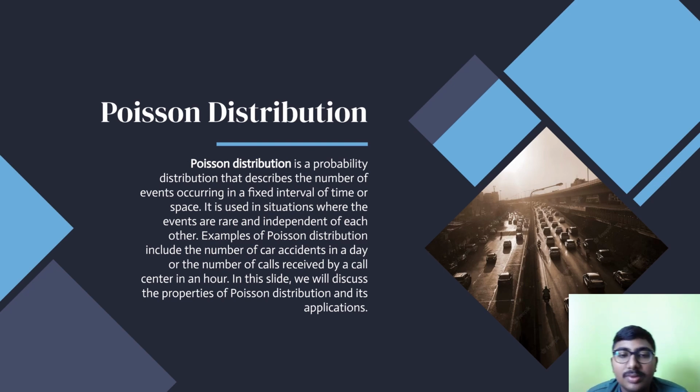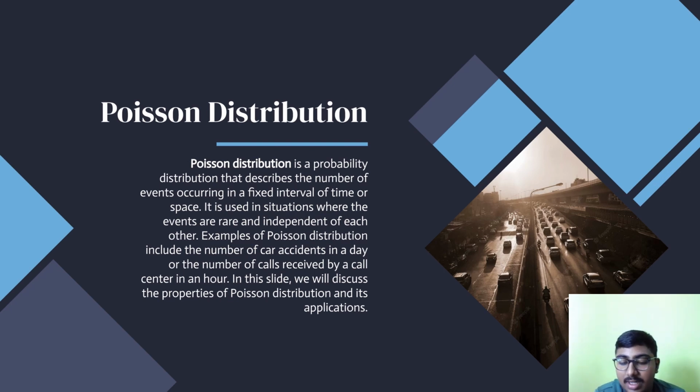In this slide, we'll discuss the properties of Poisson distribution and its applications. In Poisson distribution, we talk about the number of occurrences in a certain interval. Like you take a stock market, and within an hour, what is the probability that it has gained or lost? Or, as I said earlier, the number of car accidents in a day.